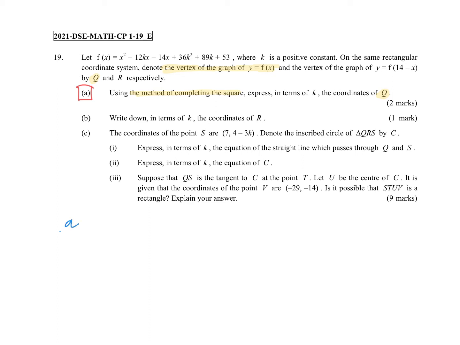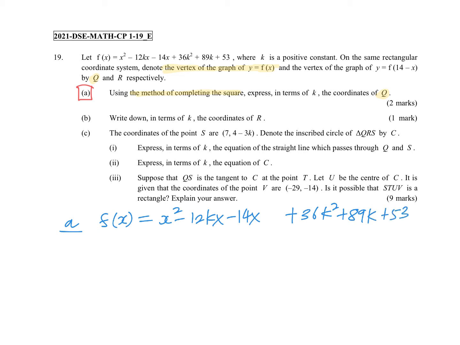So part A. First of all, f(x) equals x squared minus 12kx minus 14x plus 36k squared plus 89k plus 53.